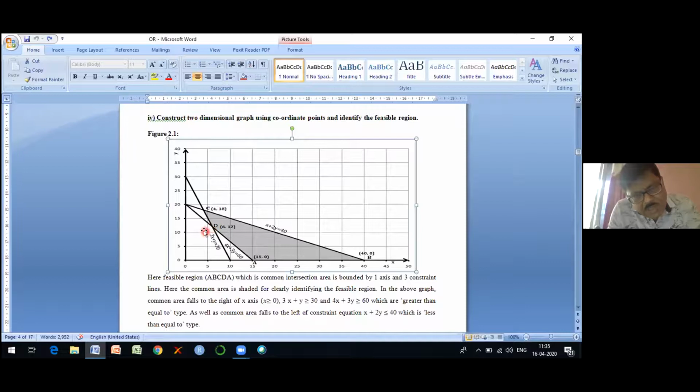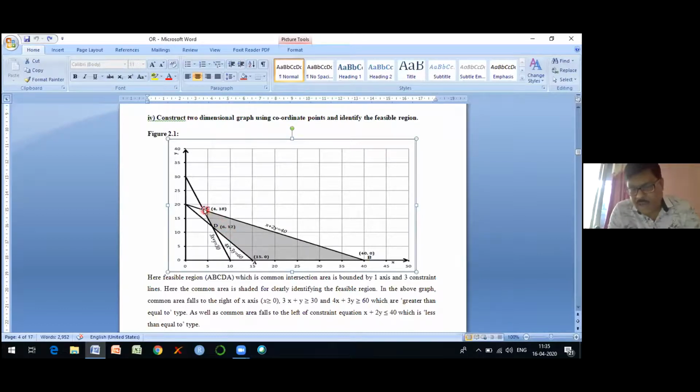So this is the intersection point. If you solve 4x plus 3y equal to 60 and 3x plus y equal to 30, then whatever value we get, that is the value of x and the value of y. That is the value of the intersection point D. It will be equal to 6, 12. That means the value of x is 6 and the value of y is 12.